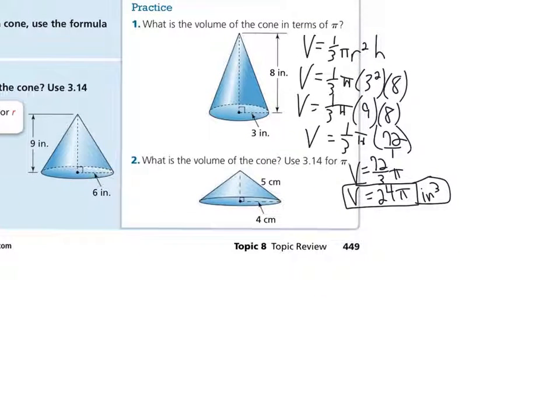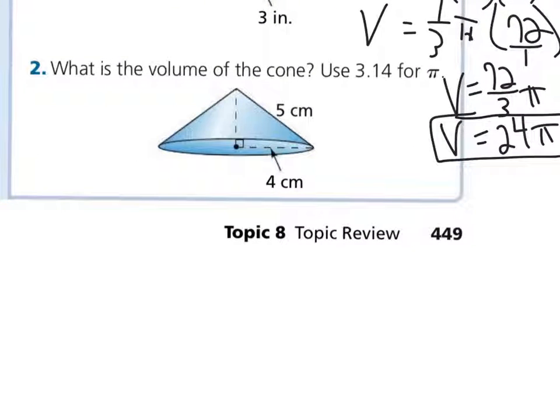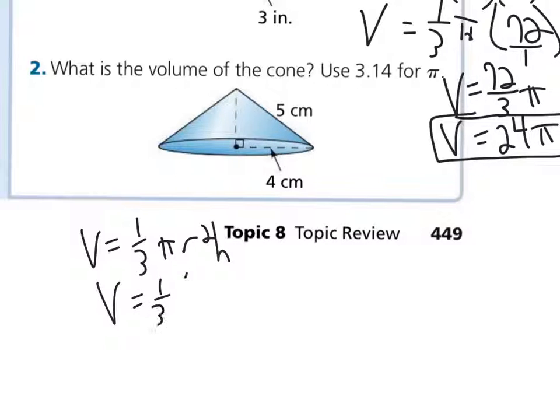Number 2, similar idea. On this one, they want us to use 3.14 for pi. So start with your formula, 3.14 for pi. Radius is 4. Okay, here we got to be careful. The 5 is not the height.